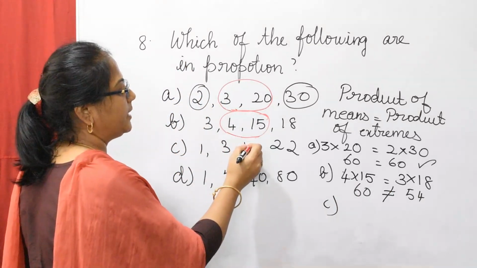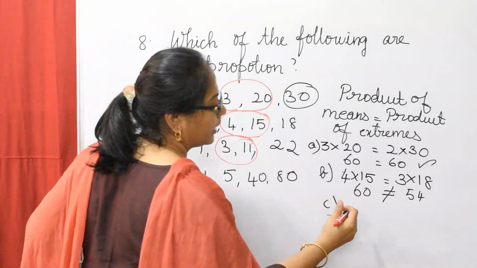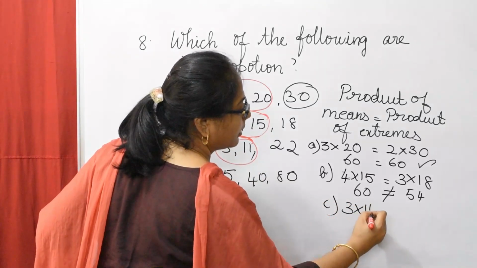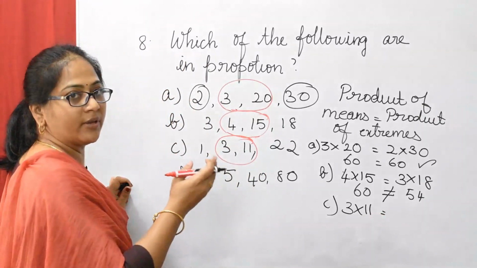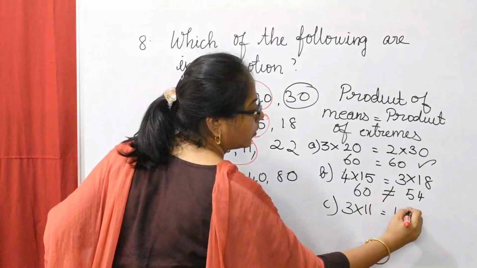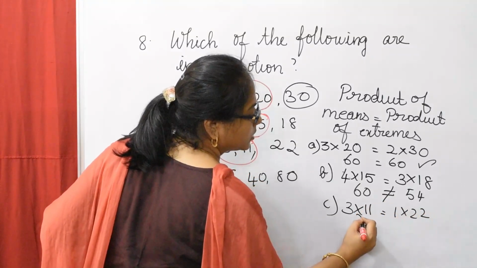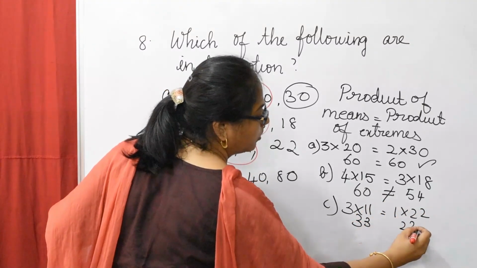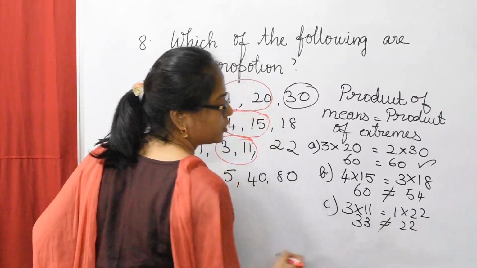Okay, let us try with option C. Product of means. Means is 3 and 11. Okay, 3 into 11. And let us check whether it is equal to extremes, which is 1 and 22. 1 into 22. So 33, 22. Again, this is not proportion.